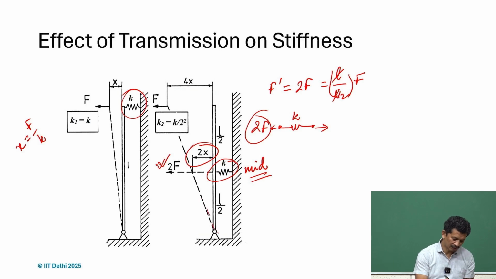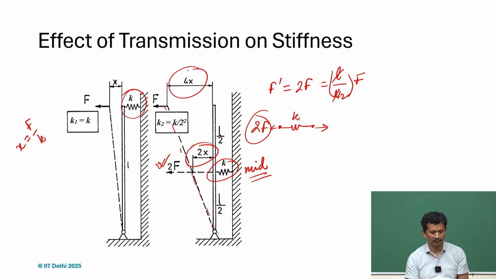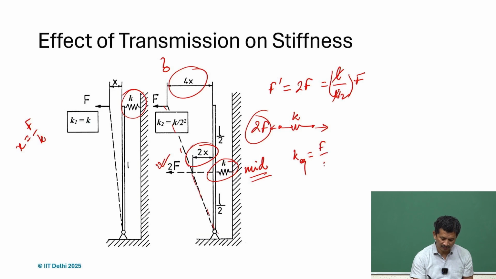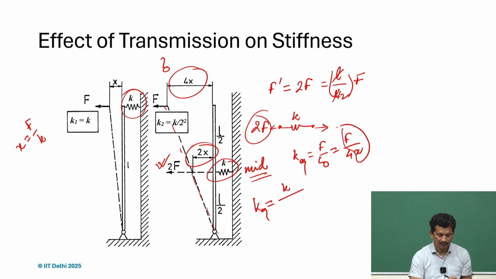Now, again go back, and because of the leverage, the deflection will be 4x. This is the delta. So, the equivalent stiffness K, which is F over delta: F is the same, but now delta is 4x, and so K equivalent is F by 4x, that is K by 4.